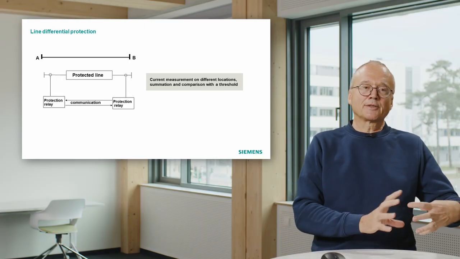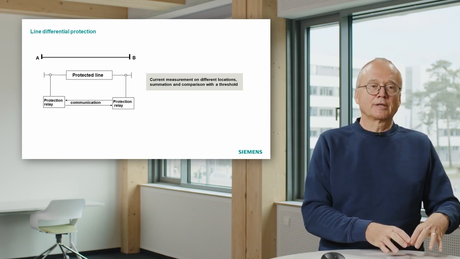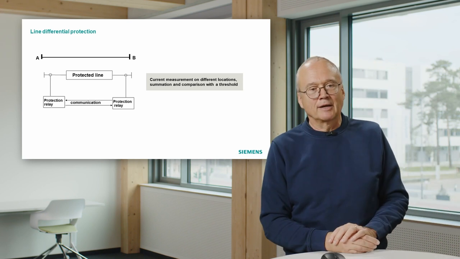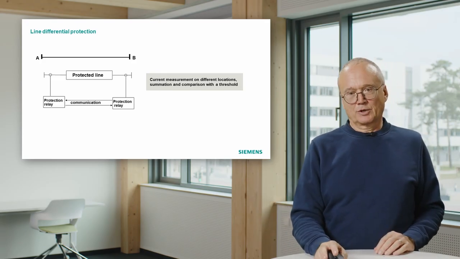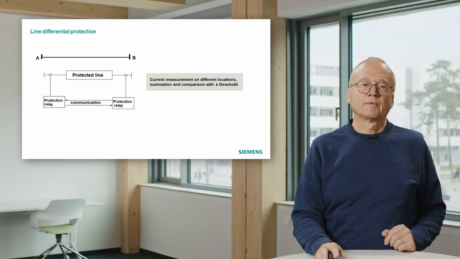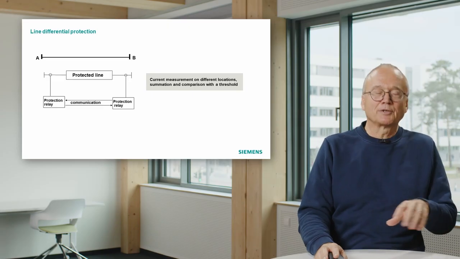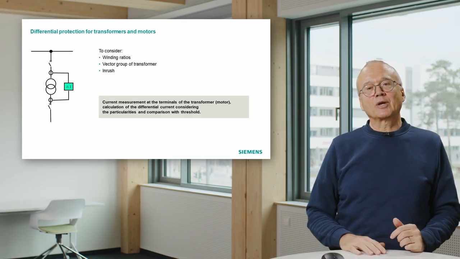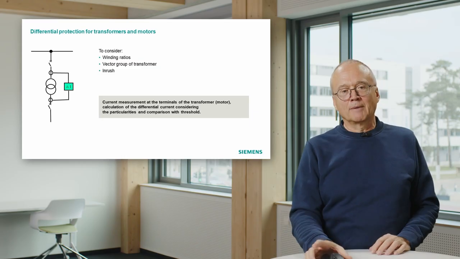That means beside these original really basic protection issues, you get a lot of other issues to be considered in this context. That is the application of the line protection principle, of the differential protection principle to line protection. The next area of application would be to apply that for a transformer.